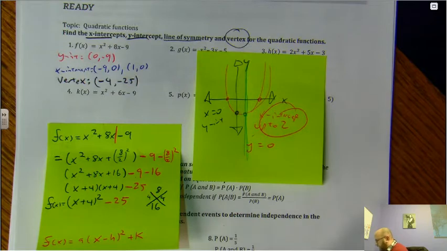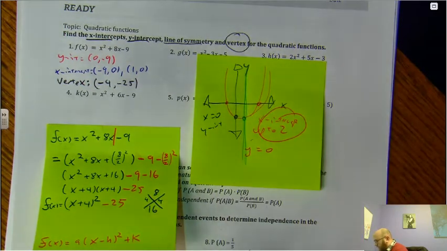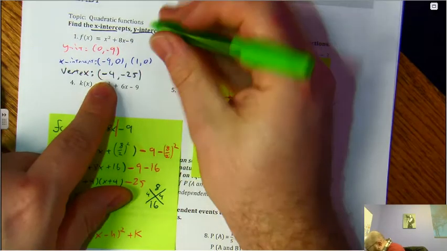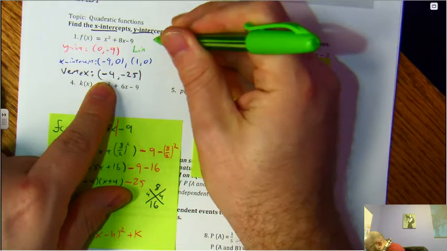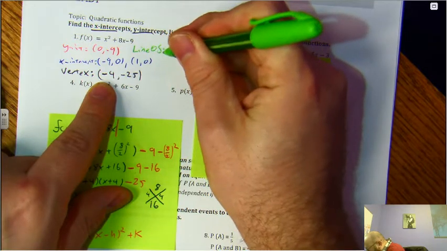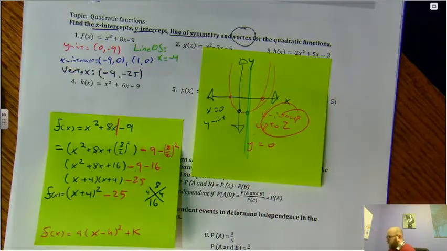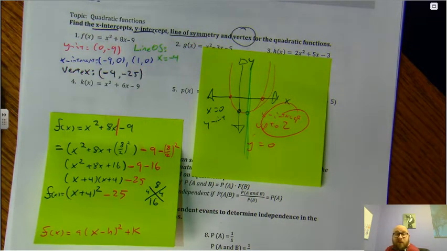So all we have to do is figure out what the x value of our vertex is. That's our line of symmetry. The x value of our vertex is −4, so the line of symmetry is going to be the line x = −4. There we go. That's all the information that was asked of us.